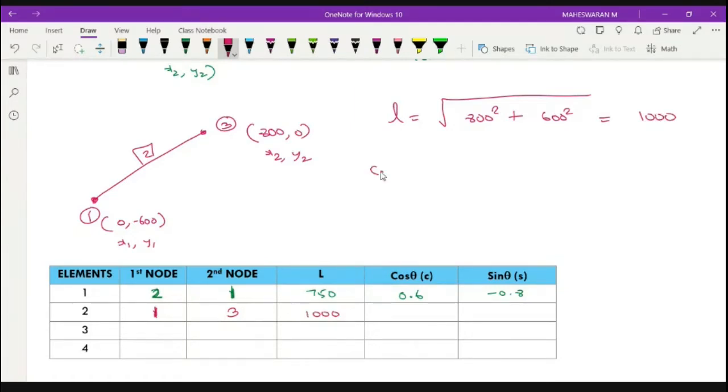What is your cos theta here? x2 minus x1, so 800 minus 0, divided by 1000. Getting 0.8. So cos theta is 0.8. What is sin theta? Sin theta is y2 minus y1 divided by L. So y2 is 0 minus of minus 600, so it is positive, 600 divided by 1000, which is equal to 0.6. This is 0.6.